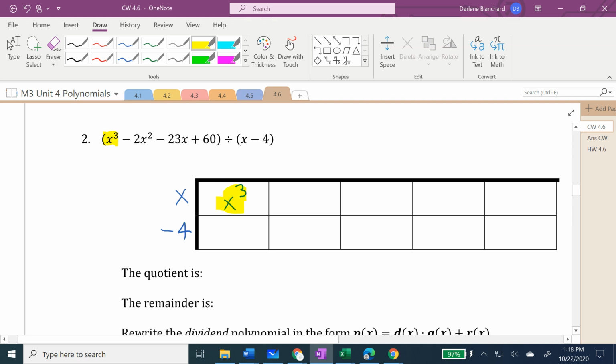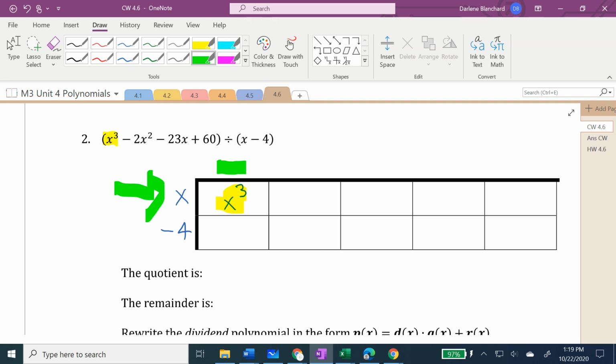Then you can figure out what goes here by asking yourself, what do I need to multiply x by to get x cubed? The forms will be given to you with the problem to say, write it in this form.